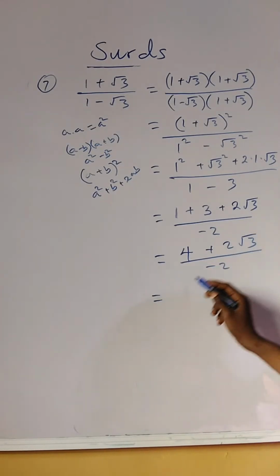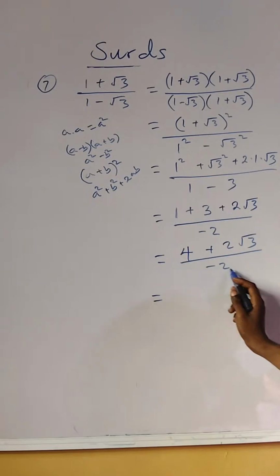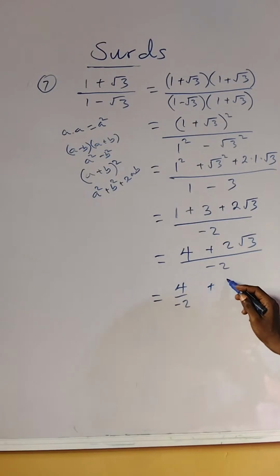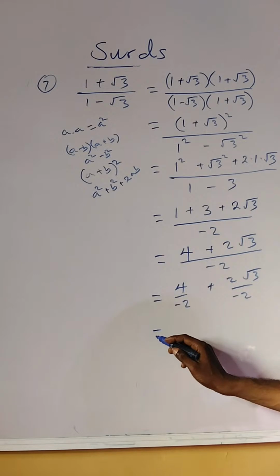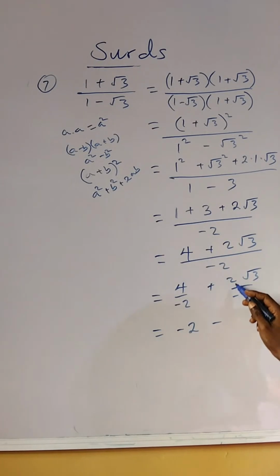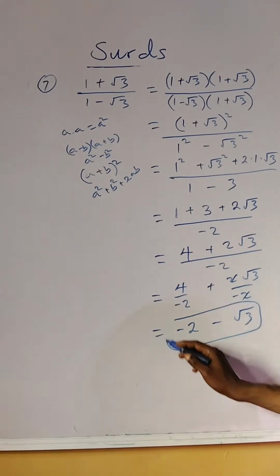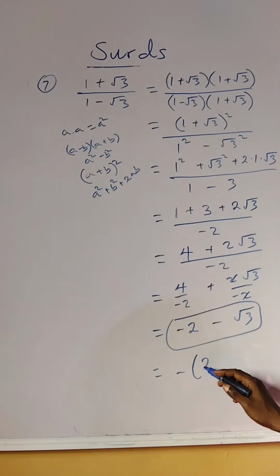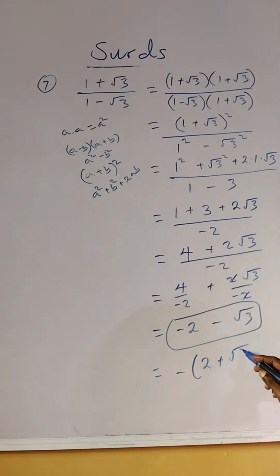Then we separate this into two fractions: 4 over minus 2 plus 2 root 3 over minus 2. And 4 over minus 2 is minus 2. And plus over minus is minus. The 2s cancel each other, we have root 3. And we have minus 2 minus root 3. So this is the simplified form. If you like, you can write it as minus into bracket 2 plus root 3. So the same thing what we have here.